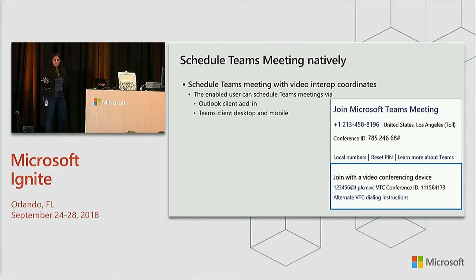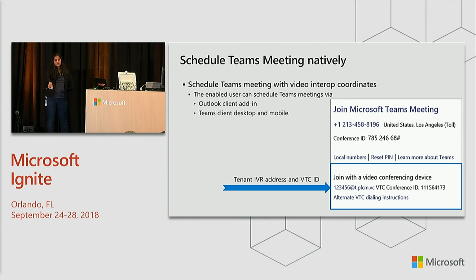What I have here is Teams coordinates, and the portion you see at the bottom is what Teams scheduling service actually adds to your meeting invite, just like how it adds PSTN coordinates. As soon as the user is enabled, you will start seeing those coordinates over there.